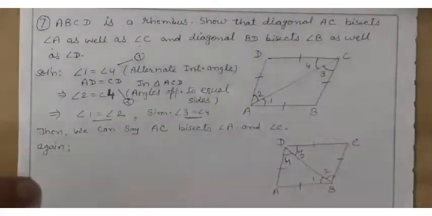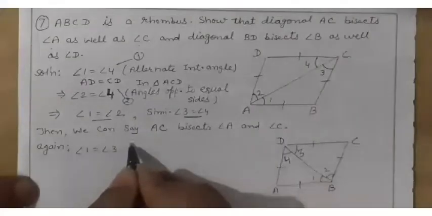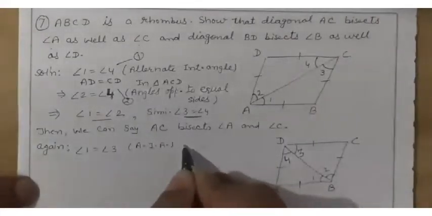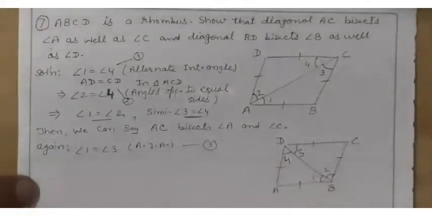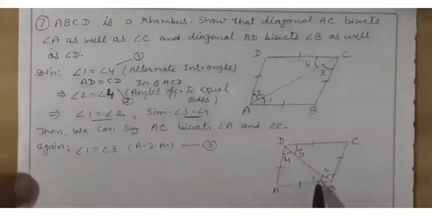Now we have to show BD bisects angle B and angle D. For that, what I am doing: angle 1 equal to angle 3 by alternate interior angle. This is equation number 3. And second thing, this is your alternate interior angle.